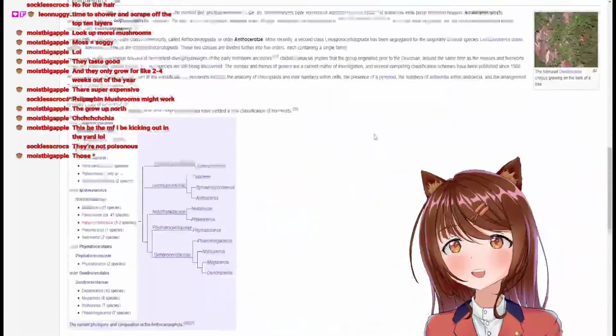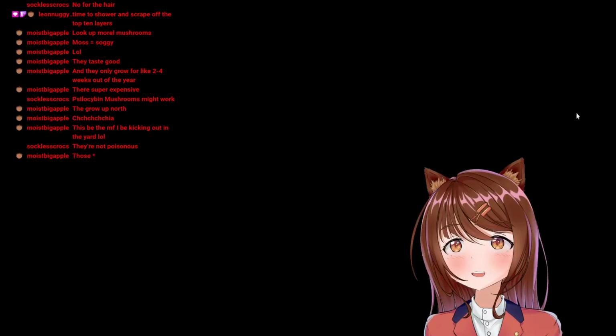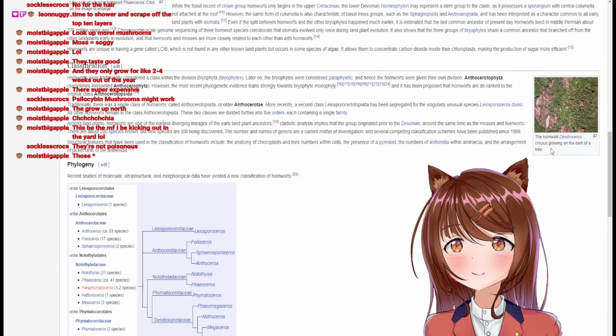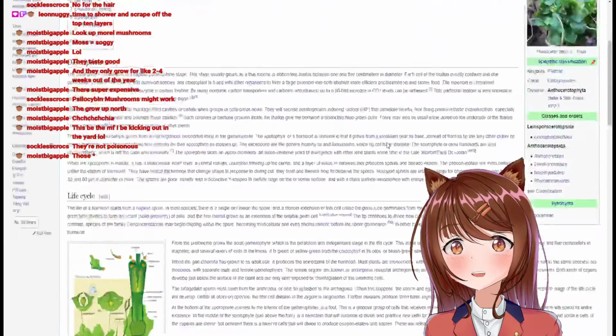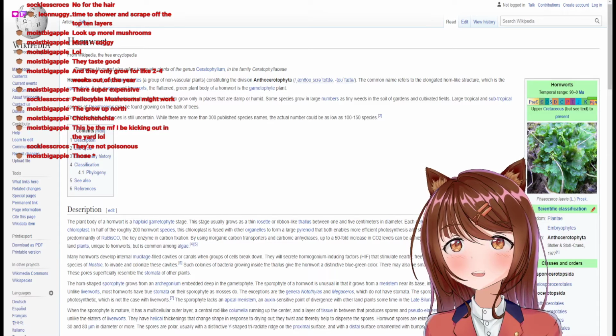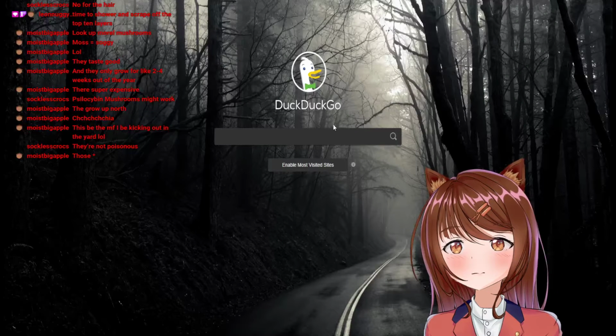I would think that, like, they're so moist. Oh, they grow here too? But these look dried out. Growing on the bark of a tree. Where do these grow? Large, tropical, and subtropical. Okay. Hornwort sounds like it's from, like, England or something.